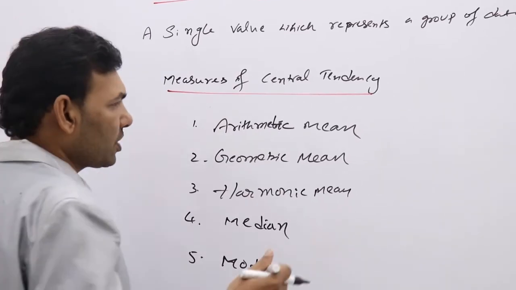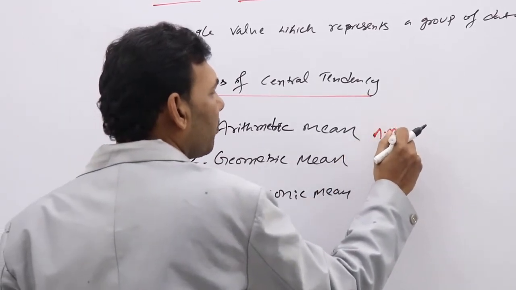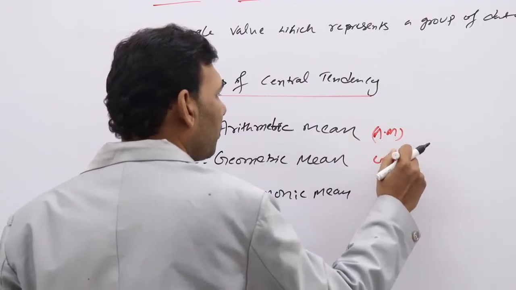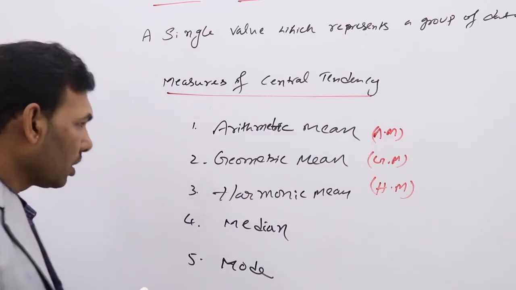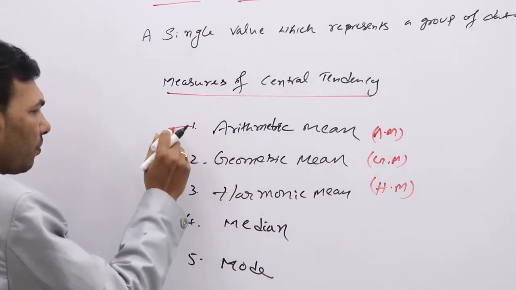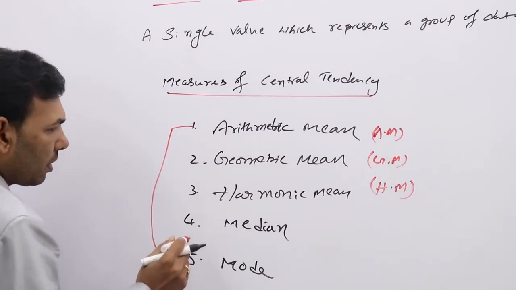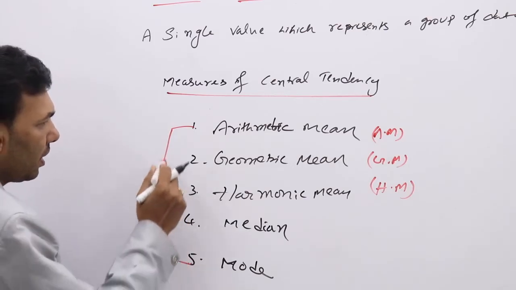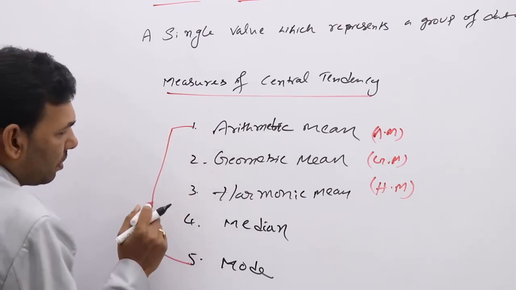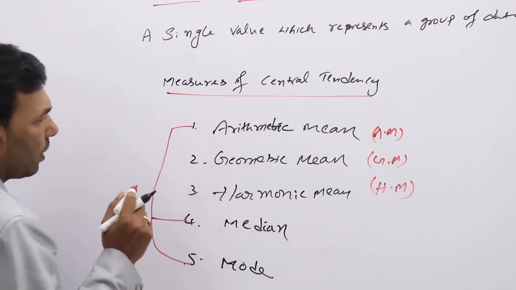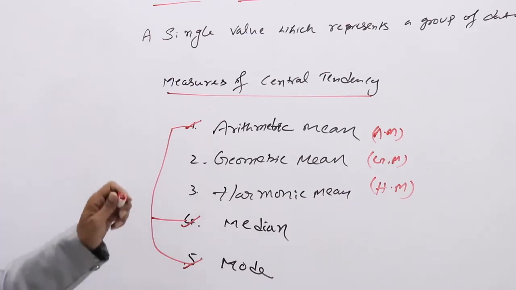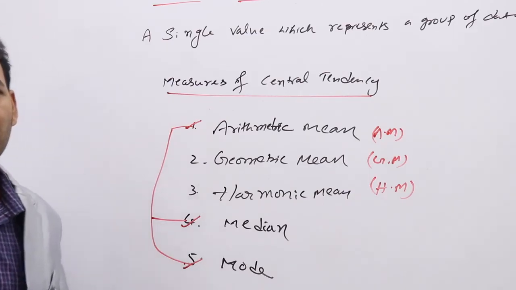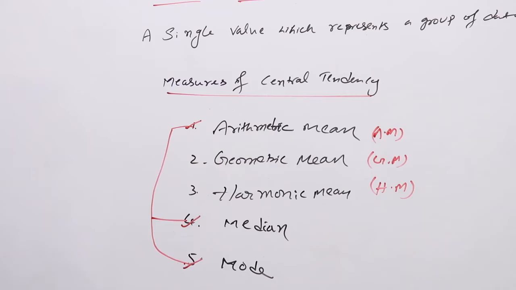Simply, we can represent the first three like this: arithmetic mean, geometric mean, harmonic mean. Mean, median, mode are called simple averages.